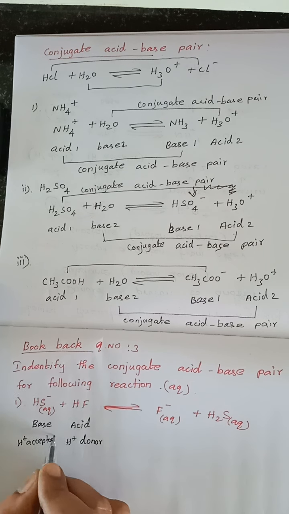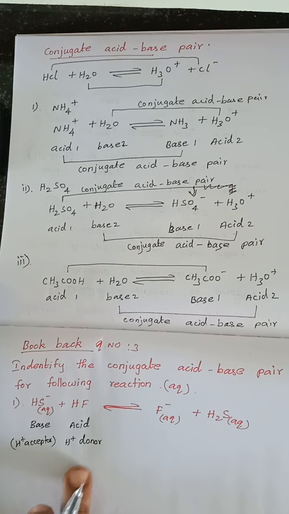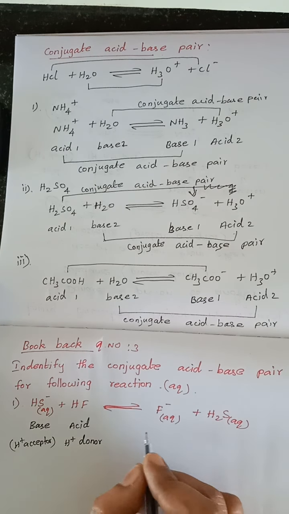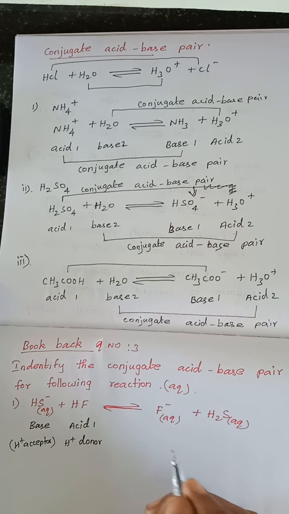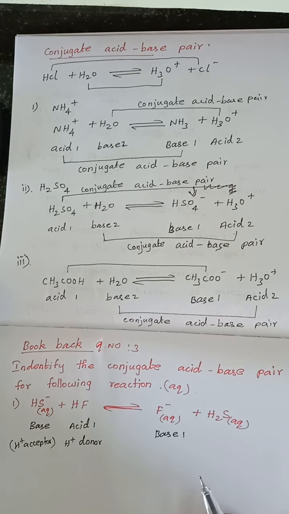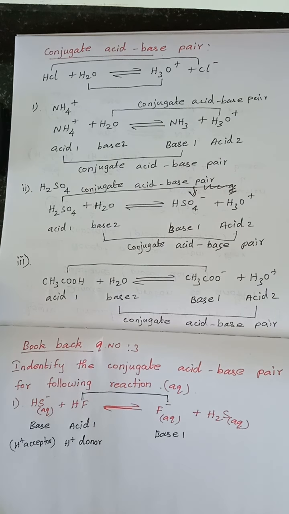In this reaction, acid is converted into base, and base is converted into acid. So acid 1 is converted into base 1. This is one conjugate acid and base pair.